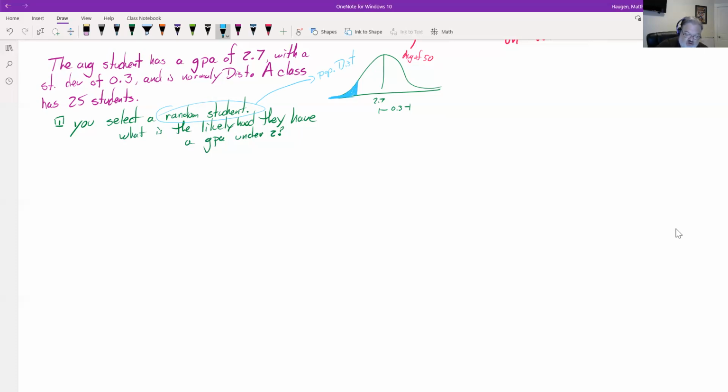So if we want to know what is the proportion of these students that have a GPA below a 2, that's just our Chapter 7 question, right? So normalcdf, we do negative infinity to 2 with a 2.7 and a 0.3 mean and standard deviation, and get something like, what, 2%?